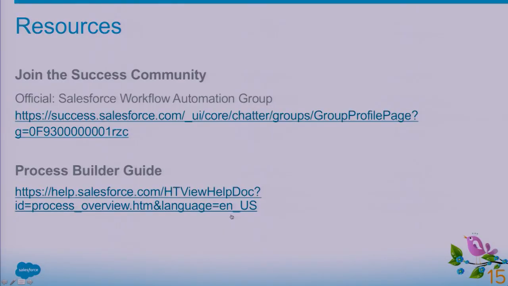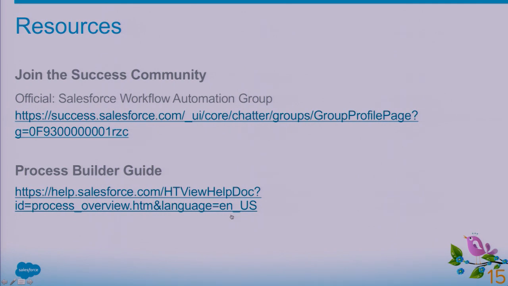The process builder is generally available, always in Developer Edition, in Unlimited Edition, Enterprise Edition, and Performance Edition. We have an incredibly vibrant success community. It's called the official Salesforce Workflow Automation Group. Probably should have had a shorter name, but it is incredibly active with both users of Visual Workflow and the beta users of Process Builder.